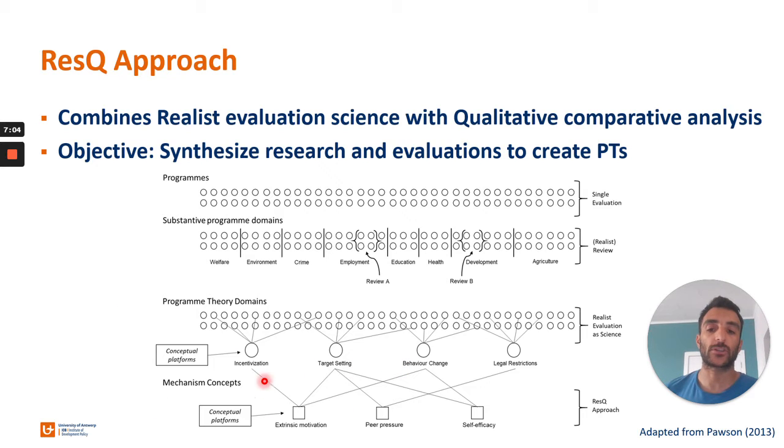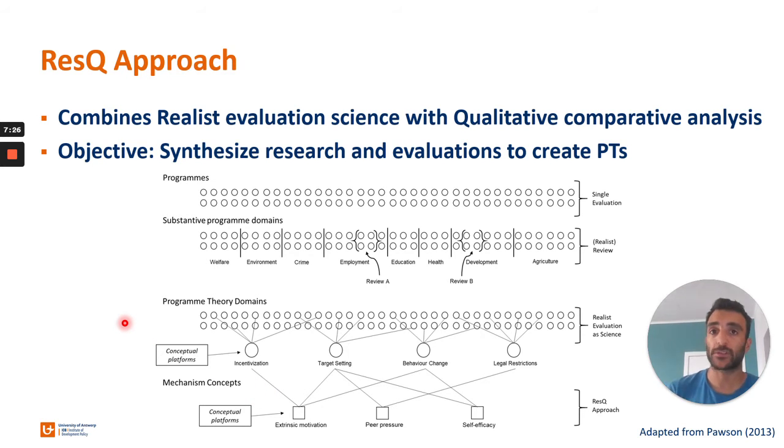And so the focus of the ResQ approach is on those mechanism concepts and gathering information on what triggers those mechanisms. And so in creating a program theory, we first have to define what those mechanisms are, bring them together, and then create a theory for that specific intervention.